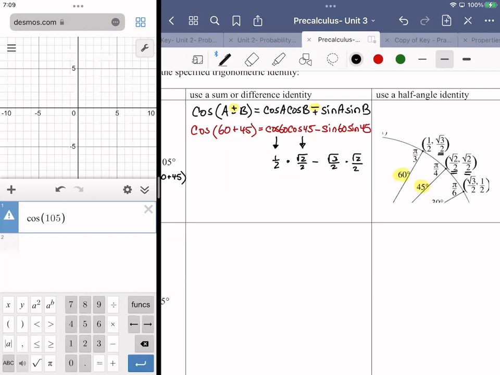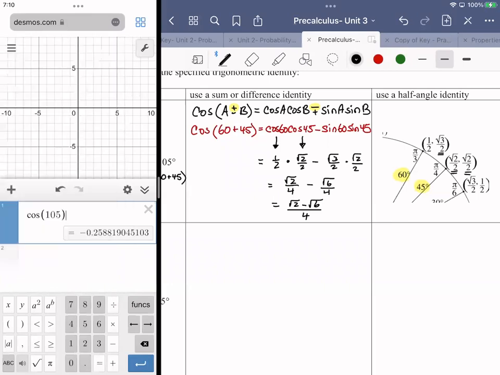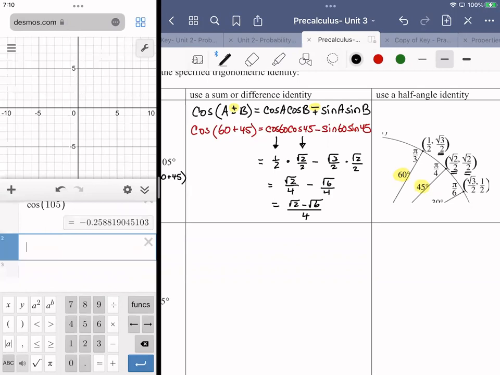Multiply our fractions. And we get radical 2/4 minus radical 6/4, which is radical 2 minus radical 6 all over 4. Now, when we put in cosine of 105 in degree mode in Desmos, we got this number.